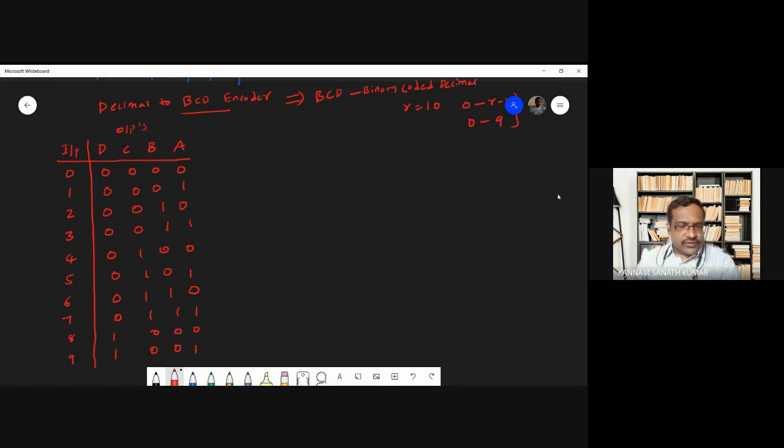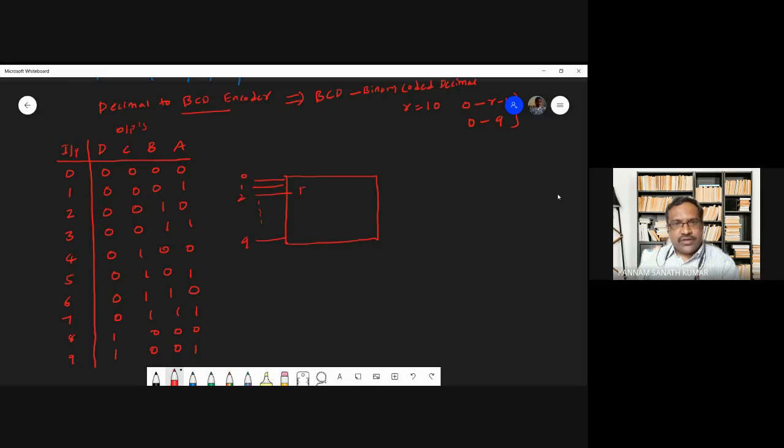Now consider the block diagram of the decimal to BCD encoder. You have 9 inputs, 0, 1, 2, and so on up to 9.